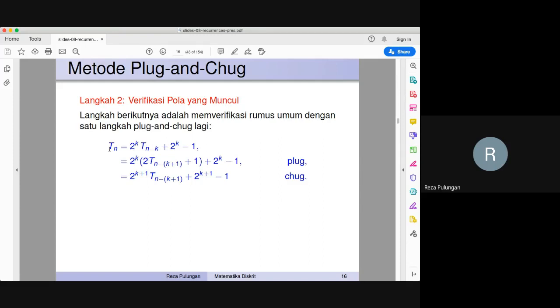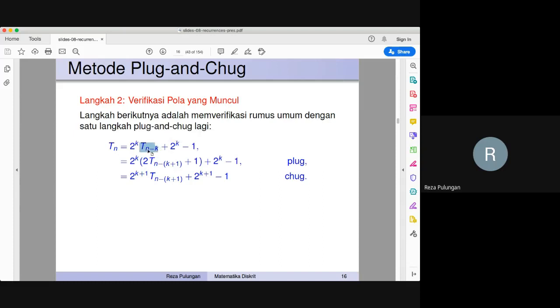So look at the pattern and perform once more plug and chug. Let me write down the pattern. The pattern that we determined is this one. Tn is equal to 2 to the power of k Tn minus k plus 2 to the power of k minus 1. Perform once more a plug and chug on this one. How do we do this? Look at this. This is Tn minus k.